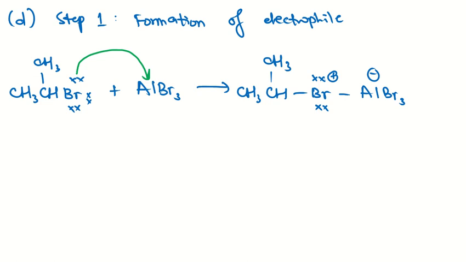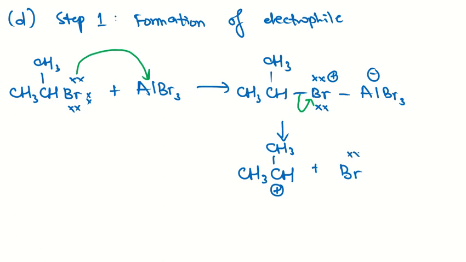And then this complex will break to form a carbocation, where the bonding pair electrons from the C-Br bond will both go to the bromine with positive charge, forming the carbocation and AlBr4 minus.